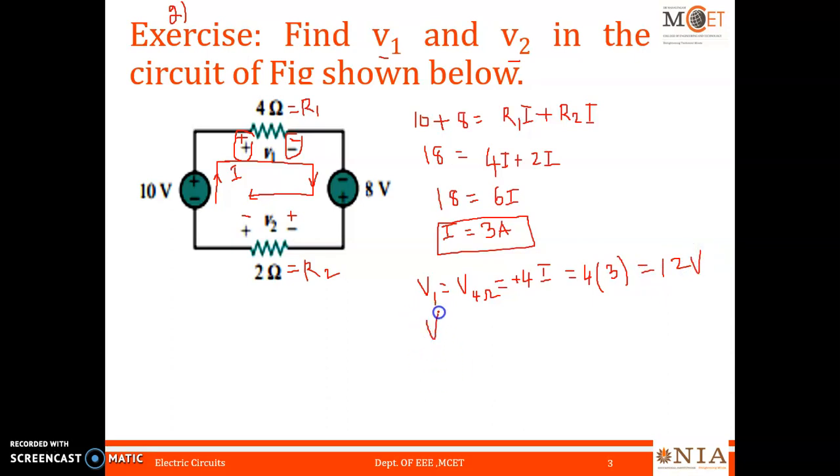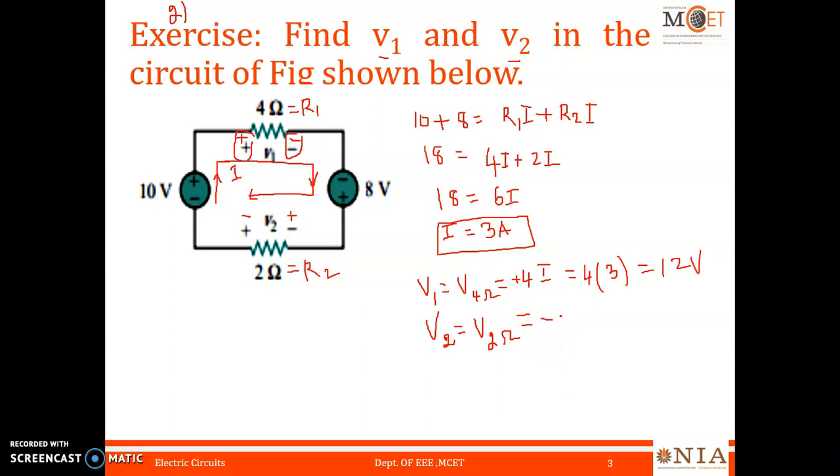Similarly, the voltage drop across resistive branch 2, V2, the 2 ohm: here the conduction path direction and the available polarity are in different directions, so we specify a negative sign.